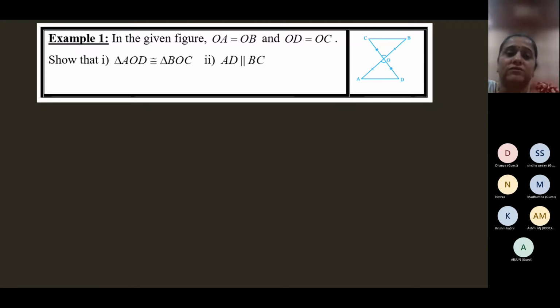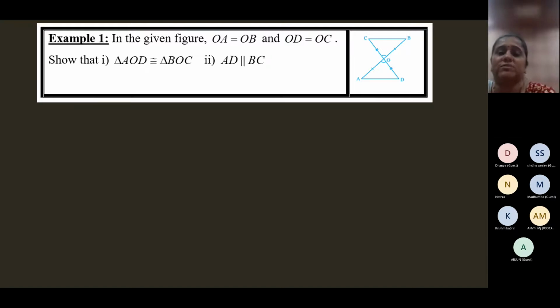First we'll be completing all the examples and exercise questions from NCERT, and then we'll do the extra proofs. This is example 1 from NCERT. As I told you, first we'll finish everything from NCERT. We don't have inequalities, that's removed from the syllabus this year alone. So we're not doing inequalities.